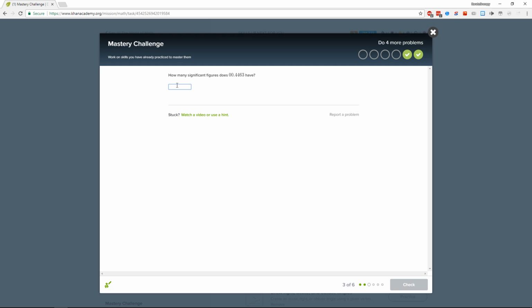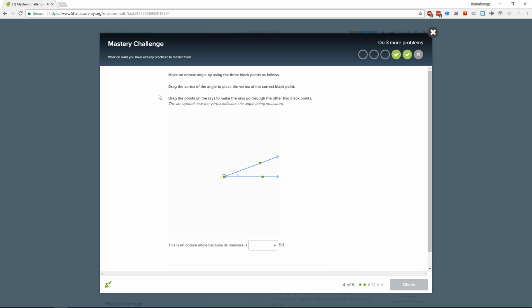How many significant figures does this have? I think we're going to count that. So I'm going to say 5. It's probably 4 though. So dumb. I always get these wrong.